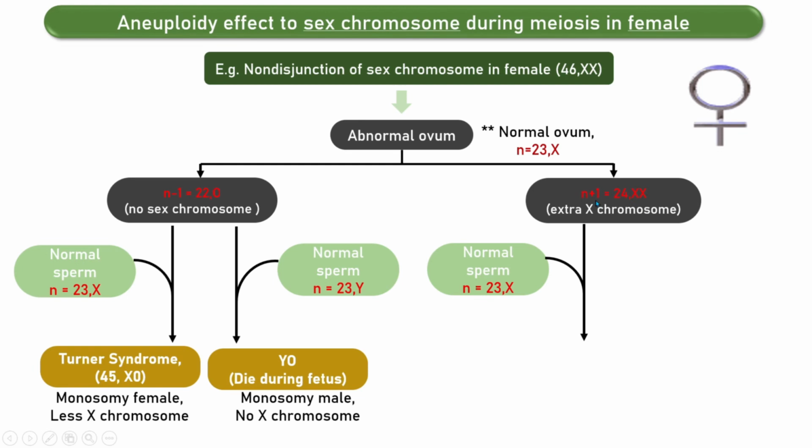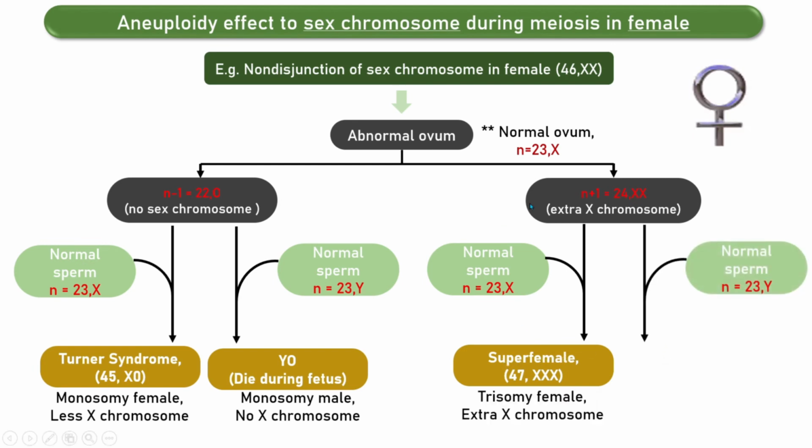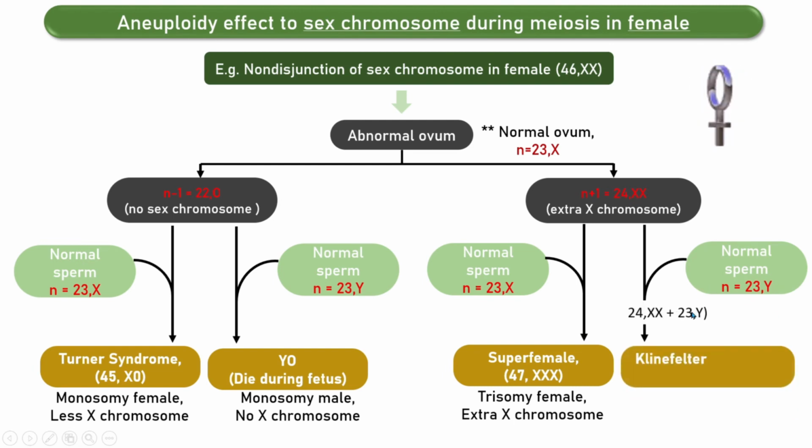If N+1 ovum with extra X chromosome is fertilized by normal sperm with X chromosome, it will produce an individual known as super female. If N+1 ovum with extra X chromosome is fertilized by normal sperm with Y chromosome, it will produce a Klinefelter syndrome individual.